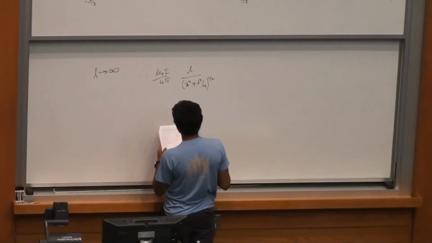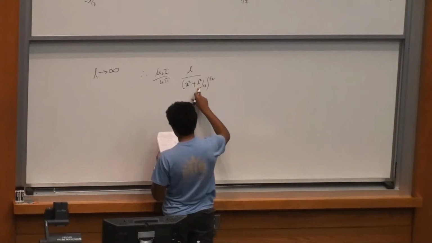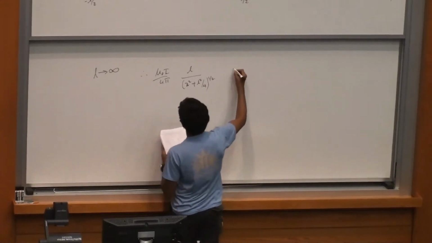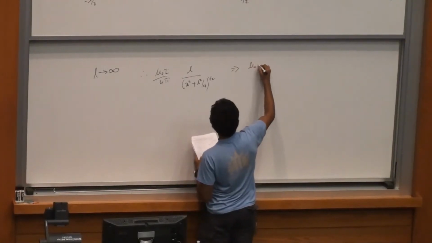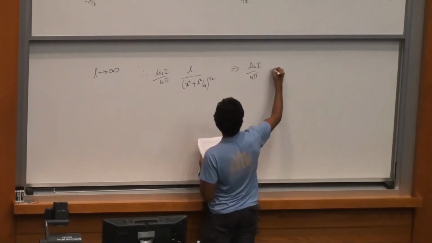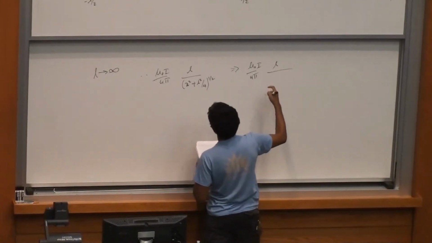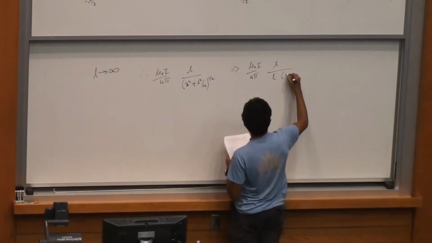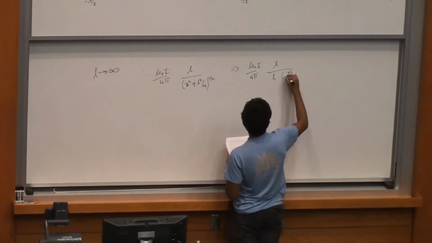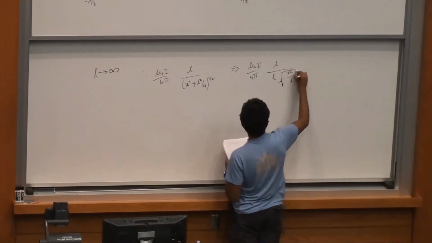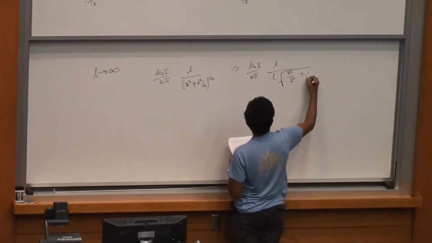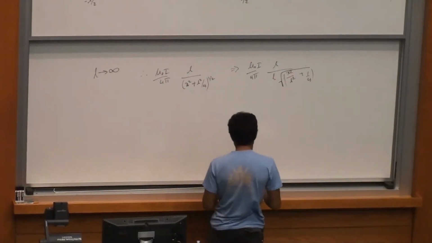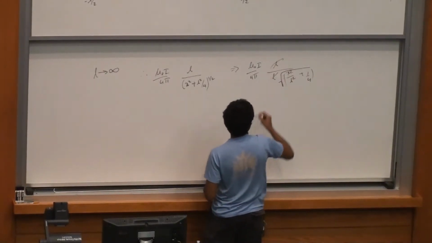So I can factor out the L squared from here. So what I would get now is mu naught I over 4 pi L over, if I factor it out, I get L times square root of x squared over L squared plus 1/4. Right, so that's what I get from that. These L's cancel out.